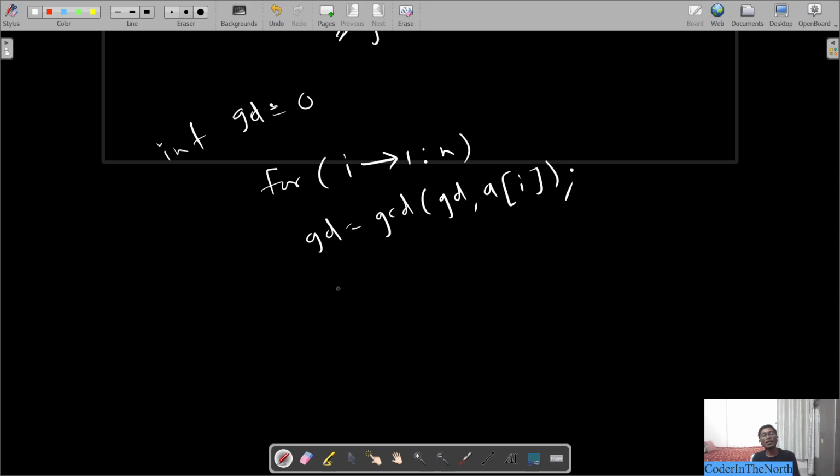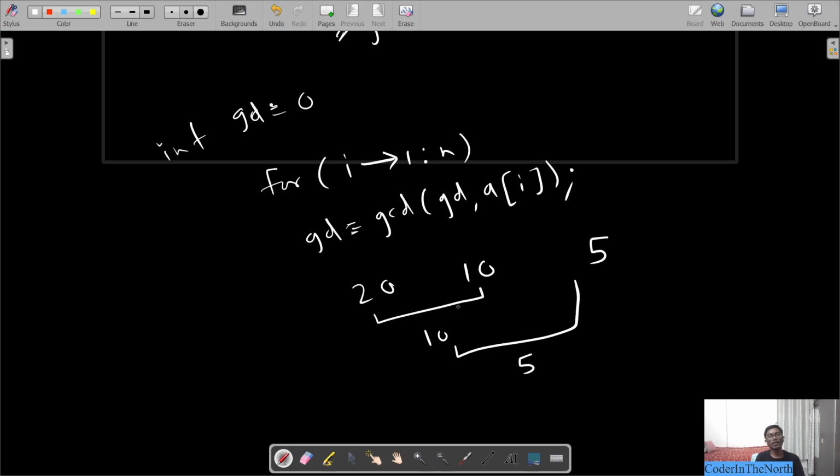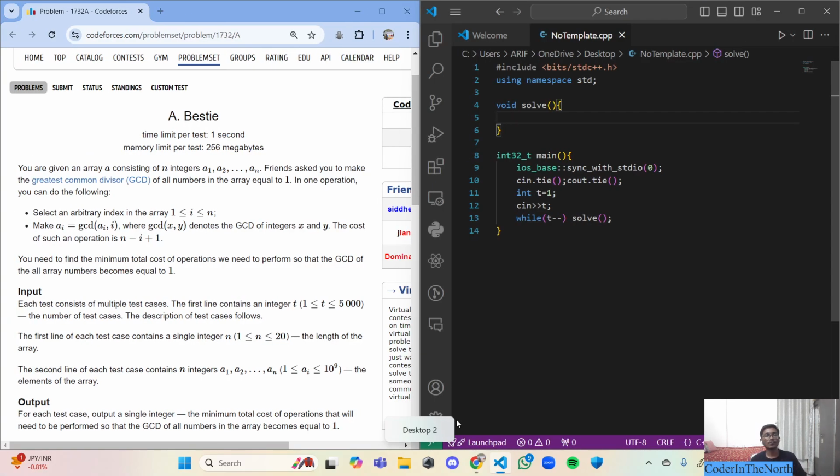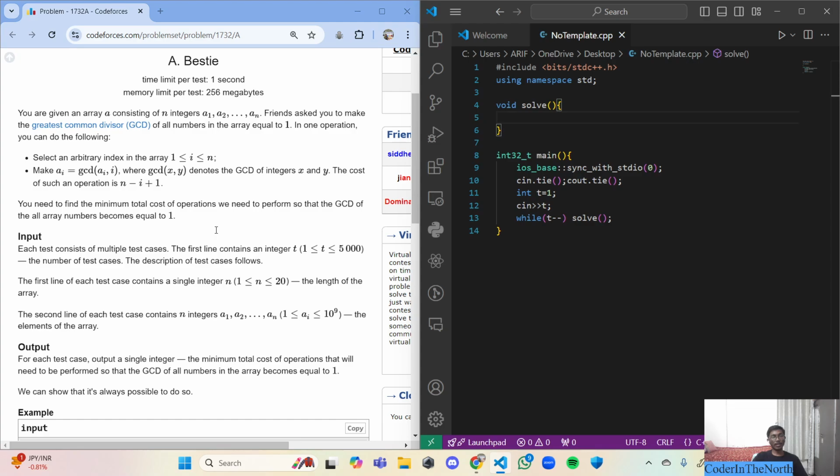In this manner we take GCD of multiple numbers, like 20, 10 and 15. First we'll take GCD of 10 and 20, it will be 10, then 10 and 15, it will be 5. So GCD for all these three numbers will be 5. In this question we are going to solve the problem in this manner.